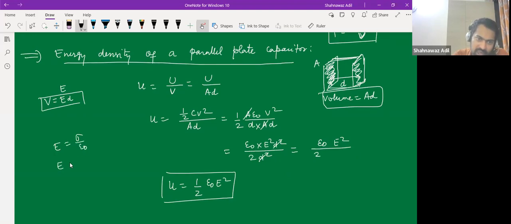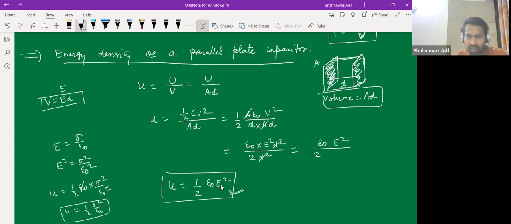So E square is sigma square by epsilon naught square. This part is true, but we can also write this as half epsilon naught and then sigma square by epsilon naught square. So half sigma square by epsilon naught. This we can also write, but this is correct. Okay, whenever you have noted it down, please tell.